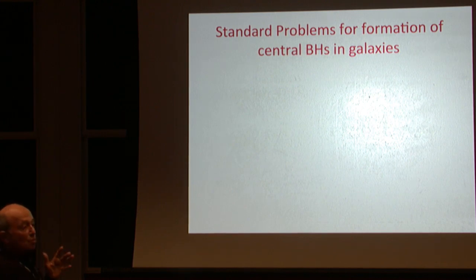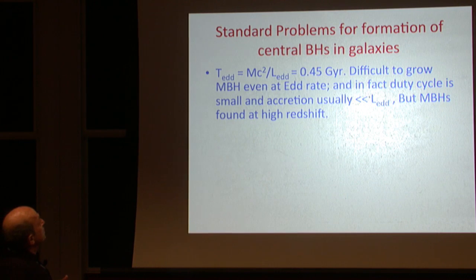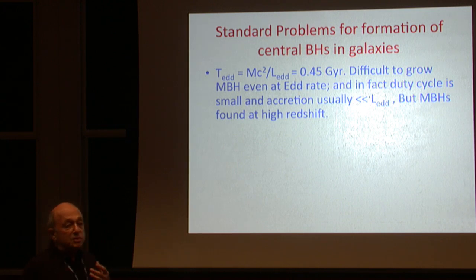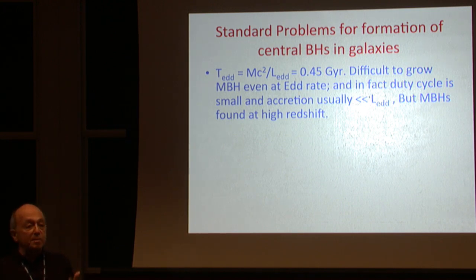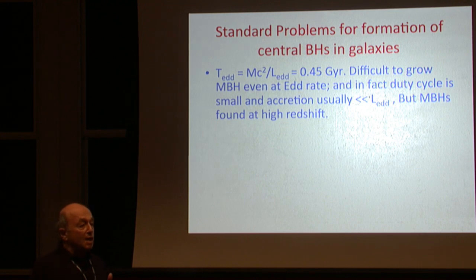And what are the problems normally in making massive black holes? Well, the first one, which we all know of, is the Sołtan argument, which I think is extremely powerful, tells you that most of the mass in observed massive black holes came from accretion of gas. I think that's without question.